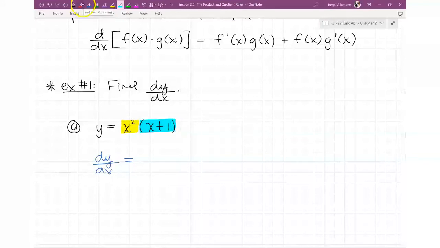So the derivative of x squared is 2x times x plus 1. Just rewrite your g of x function, your second function. You're just going to put it back in there. Plus, now rewrite your first function, which is x squared, times the derivative of x plus 1. What's the derivative of x plus 1? Just 1.